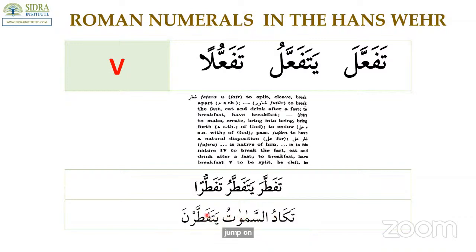So far, remember, we have covered number 2 equals فعل يفعل تفعيل. Number 3 was فاعل يفاعل مفاعلة. Number 4 was أفعل يفعل إفعالا. Number 5, which is this one now, تفعل يتفعل تفعلا.